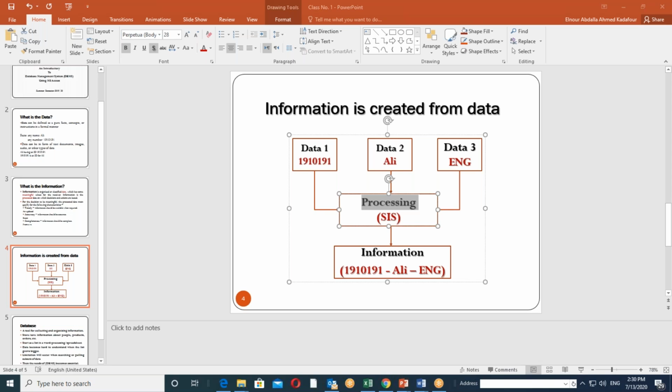Then this is data. What about information? Anybody? Information.